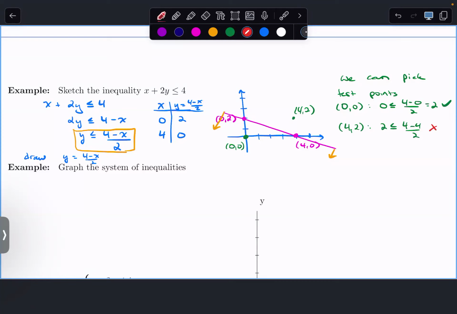That's not true, right? Which means this is not part of your solution, so you can discard it.